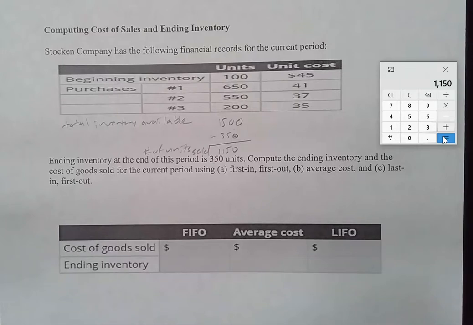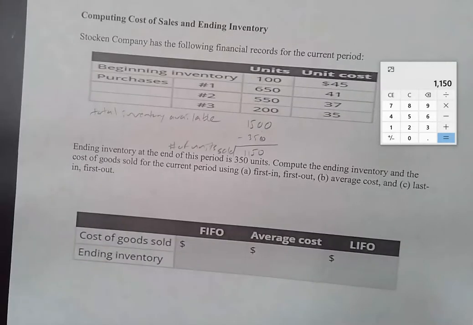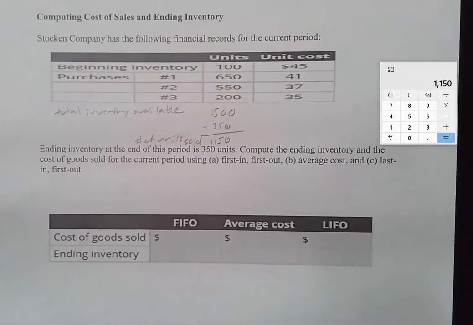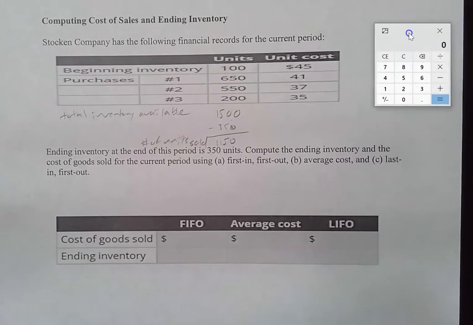All right. So for FIFO, which is what we're going to look at first, let's straighten that paper up and clear this out right quick.